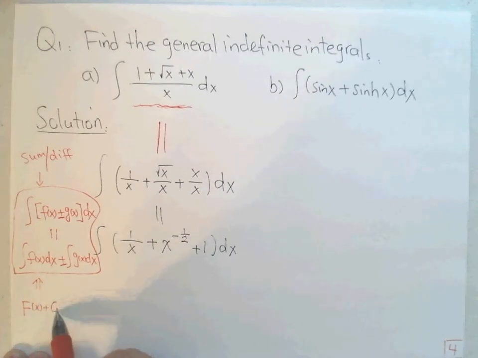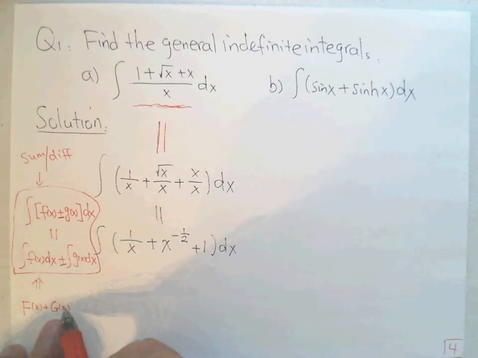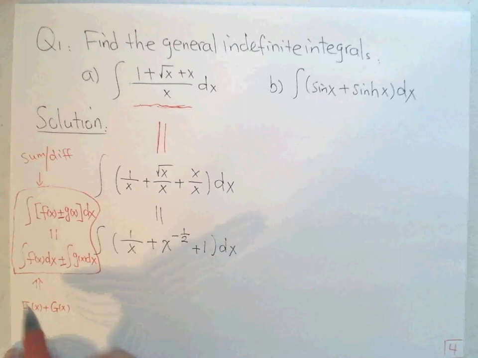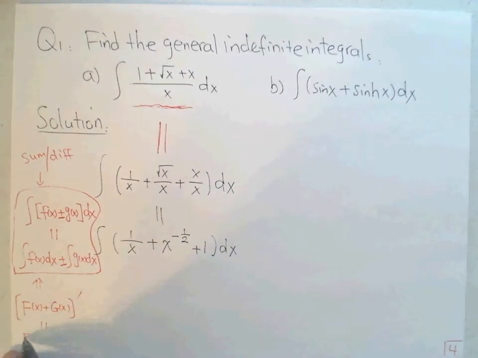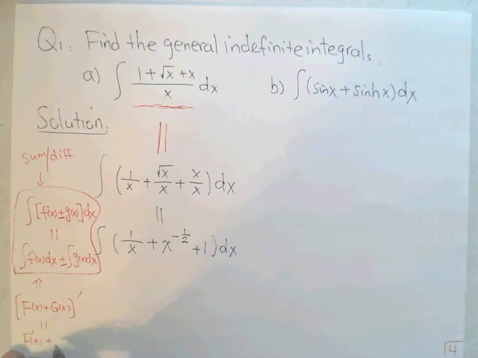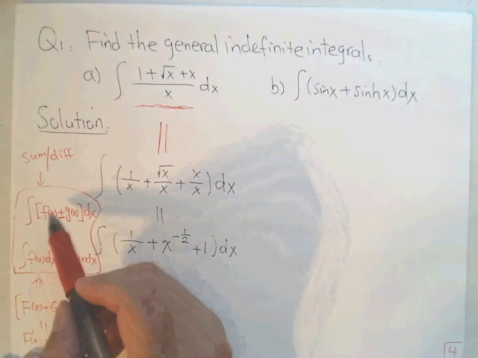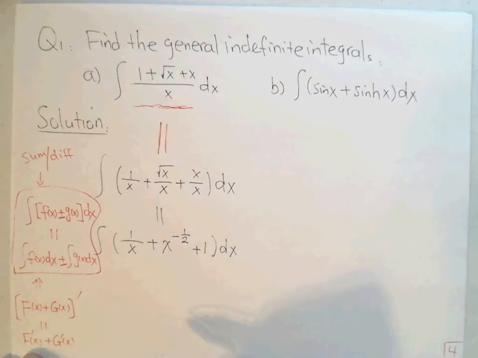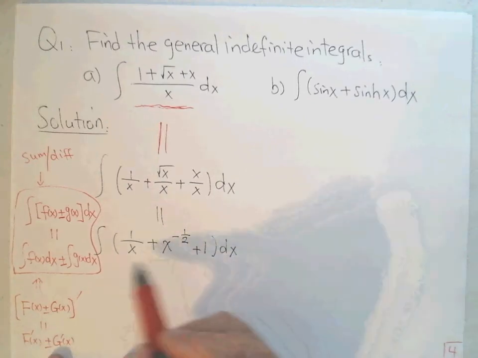Because if capital F is an antiderivative of f and capital G is an antiderivative of g, then taking the derivative of F(x) plus G(x) gives derivative of F plus derivative of G, which is lowercase f plus lowercase g. The same goes if we put the negative here. So the sum or difference formula is exactly true.